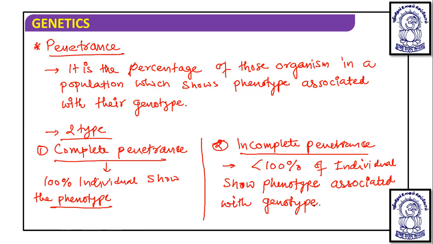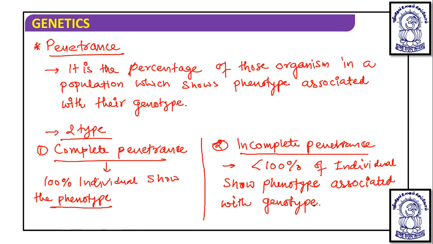Okay. So suppose 80% are showing the phenotype associated with the genotype, then 80% penetrance is found. Okay, so this is the thing for this particular penetrance.